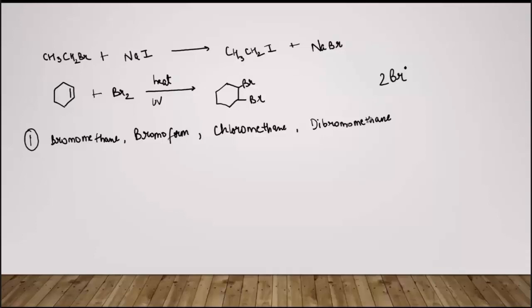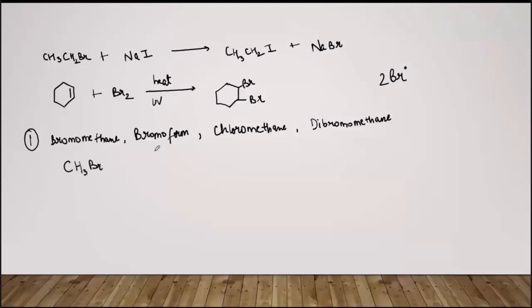First of all, it's advisable to write these compounds in a structural form or their formula form. That becomes easier for us to analyze, to see how many carbons and how many hydrogens are there. So first we will write the formulas. Bromomethane means we have a methane molecule, so one carbon, CH4, and one bromine. So this is CH3Br.